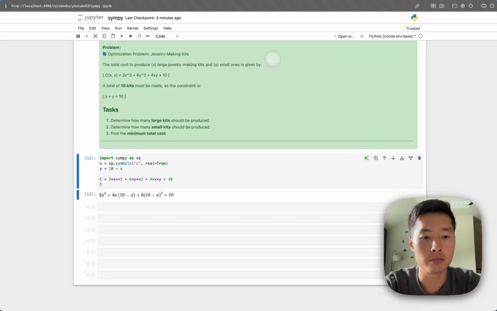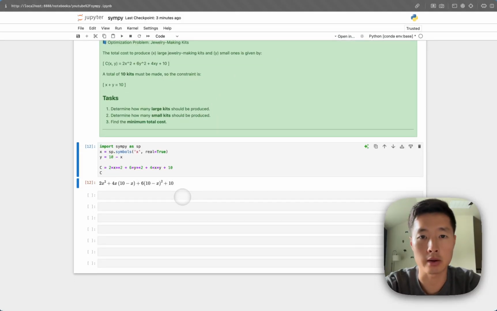And now the question's asking to minimize the cost function. In order to do this, we draw on what we learned in calculus, which is we need to take the derivative. This is because the minimum of a function occurs where the slope is 0, where the graph is flat.